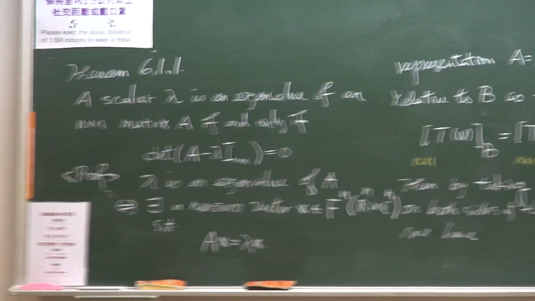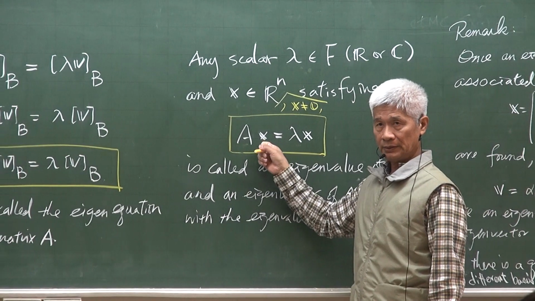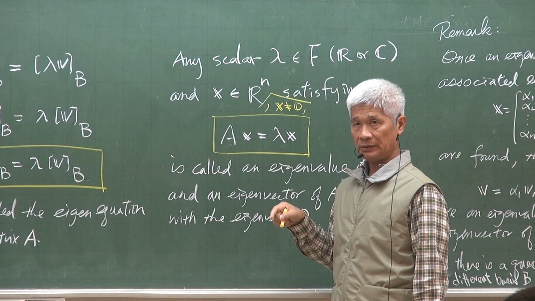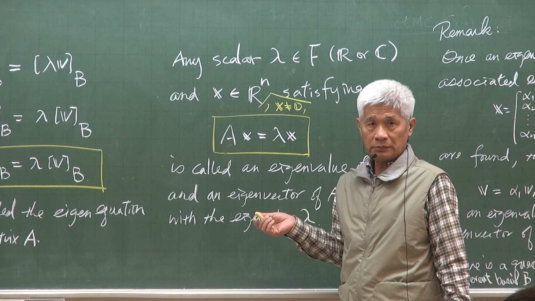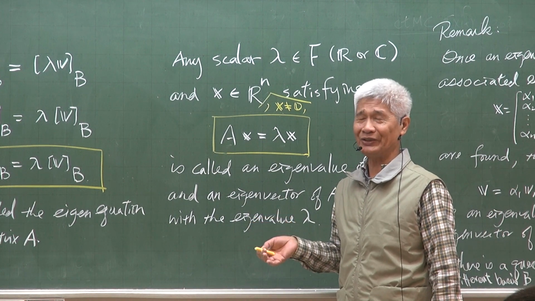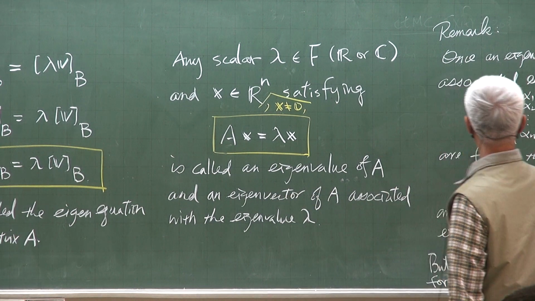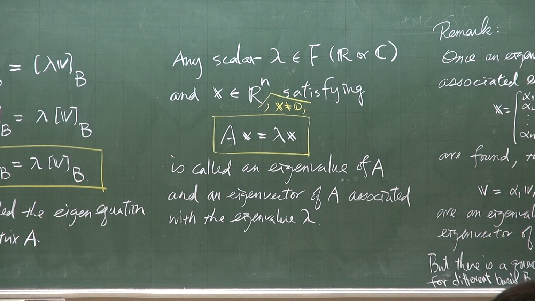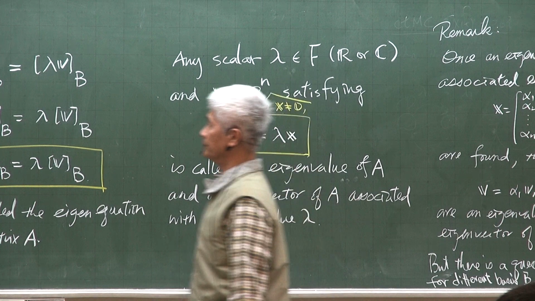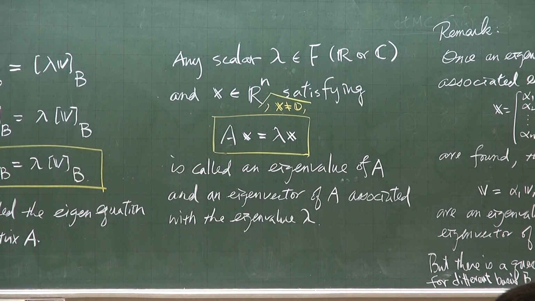Otherwise, the zero vector always satisfies any eigenequation, no matter what lambda is. So it's trivial. So any eigenvector has to be non-zero.